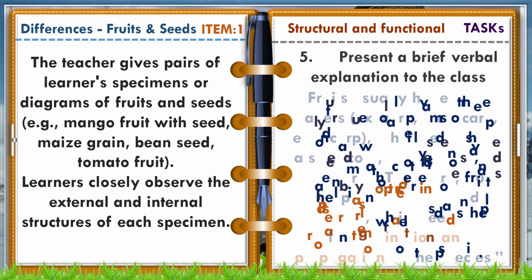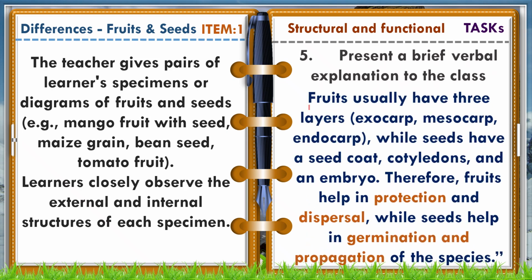The fruit usually has three layers. We have the exocarp, mesocarp, and the endocarp. Whereas the seed has the seed coat, the cotyledons, and can also have the endosperm and the embryo.